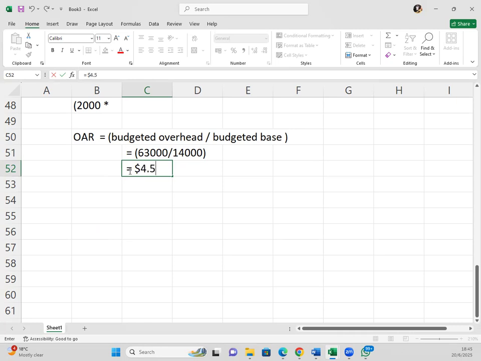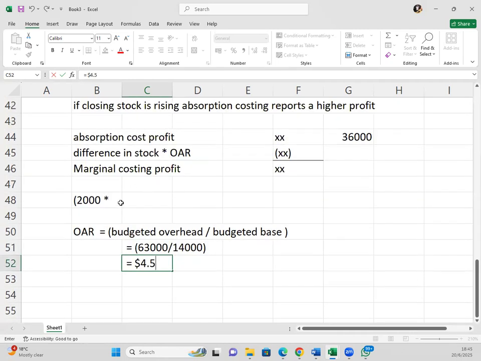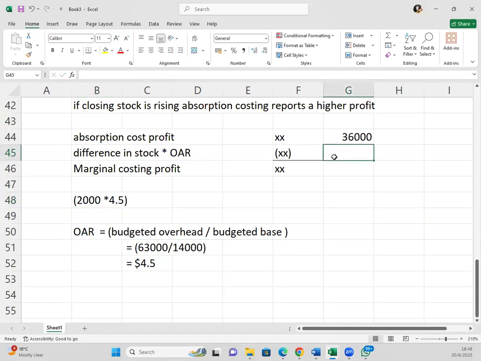Then we say 2,000, which is the difference in stock, times the 4.5. So that's the difference in stock times OAR. How much does it give us? 9,000.